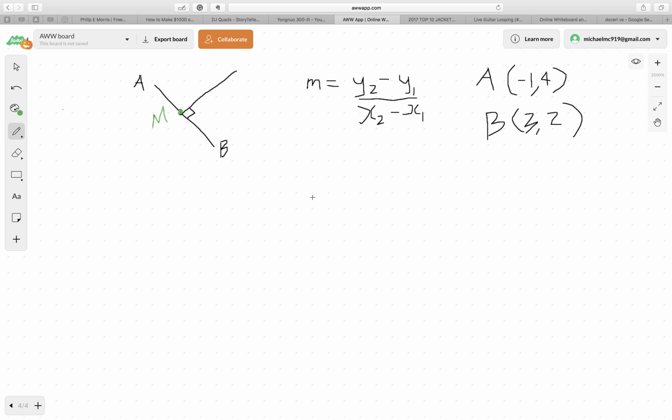And we know the equation for our midpoint is given by x2 plus x1, or x1 plus x2, doesn't matter, over 2, right? And then the y coordinate would be y2 plus y1 over 2. Yeah, this is the midpoint.